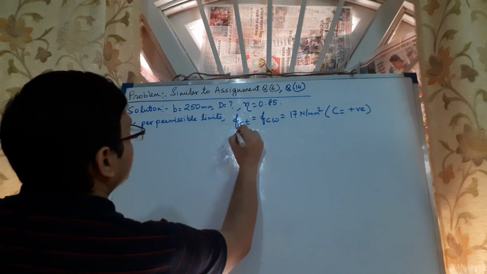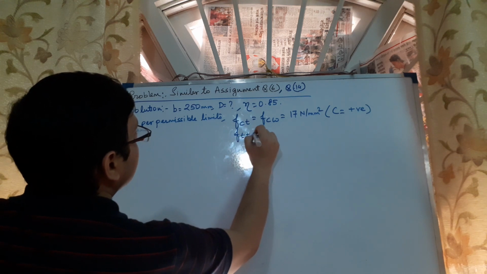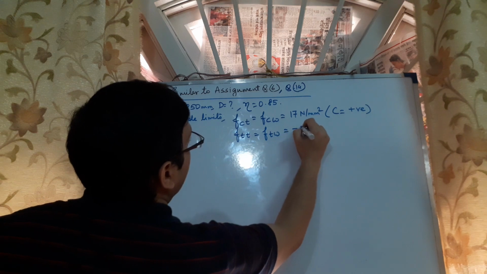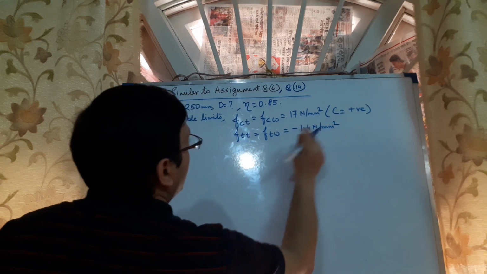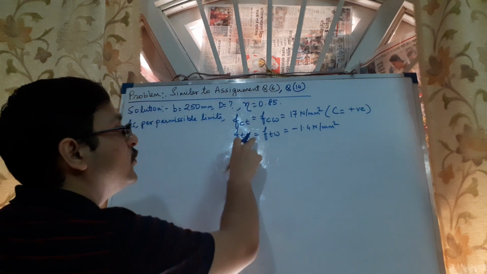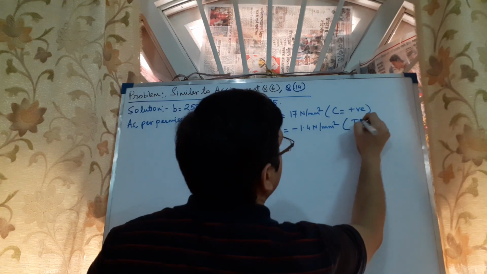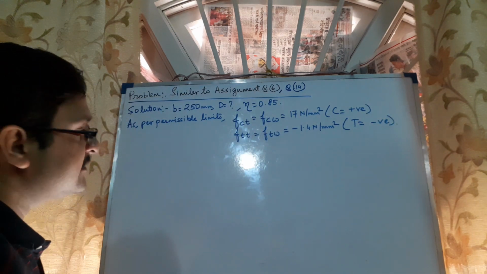And obviously tension, FTT is equal to FTW is equal to minus 1.4 Newton per millimeter square. I told you that by solving the problems we do not take the inequality but we take the equality symbol, and tension is negative.